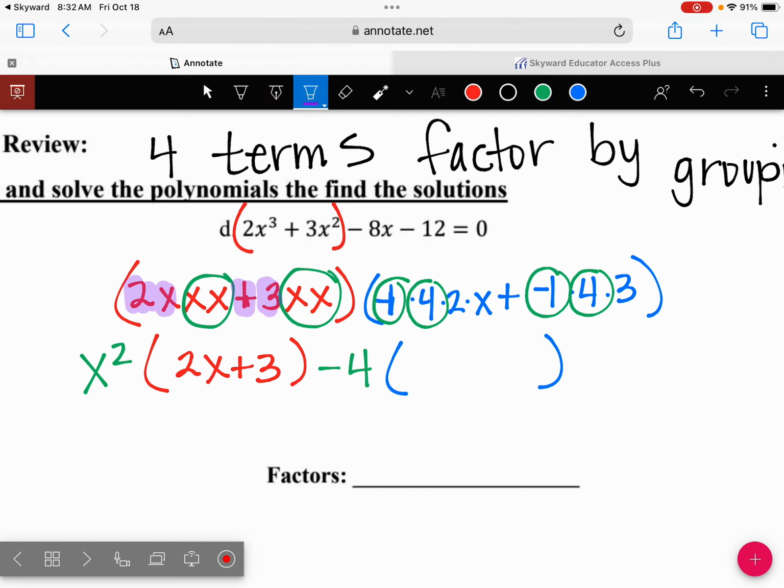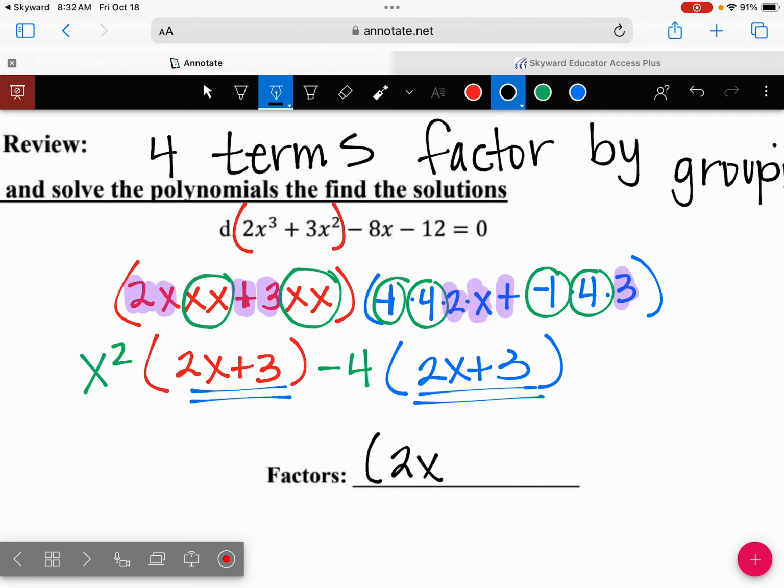So then what's left over is 2x plus 3, and that's going to go on the inside. So remember, these have to match. That means my first factor would be 2x plus 3, and the second factor is what I have in parentheses, which would be x squared minus 4.